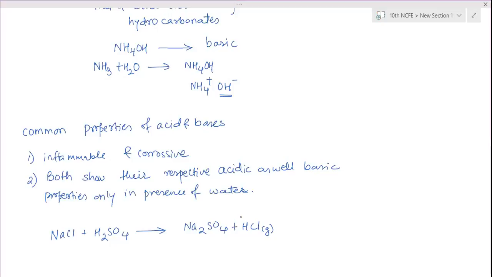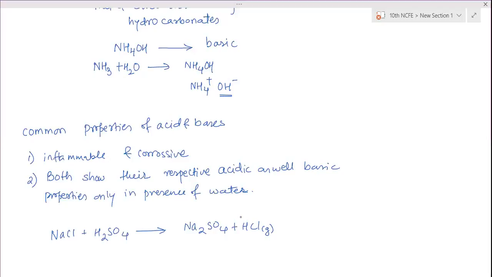If the gas is dry and the litmus paper is also dry, there is no water for it to dissociate, so it will not show its acidic property. Free H plus ions are responsible for acidic properties. So when dry HCl is tested with dry litmus paper, no dissolution or dissociation takes place.